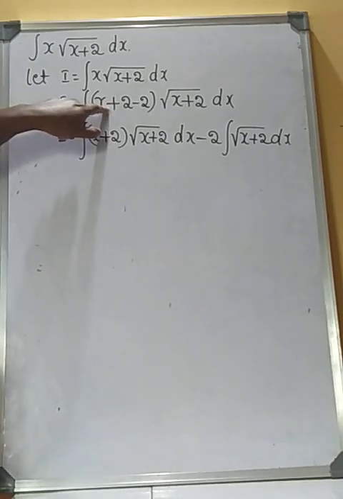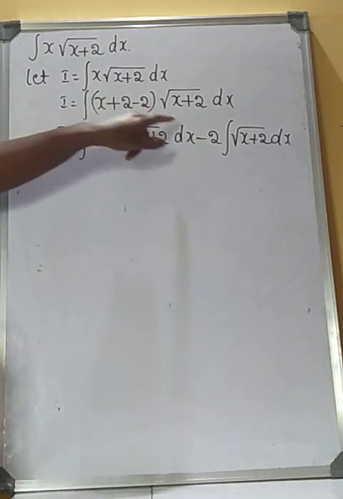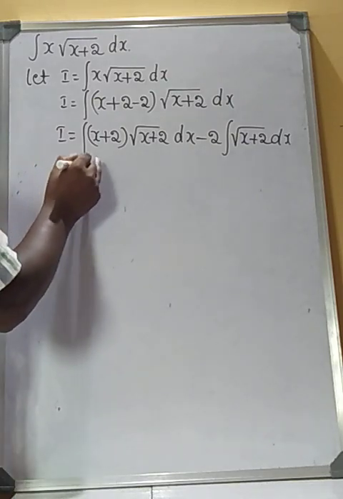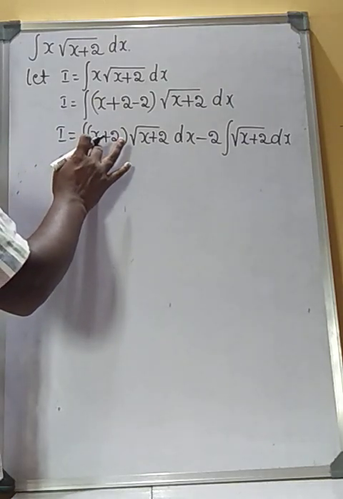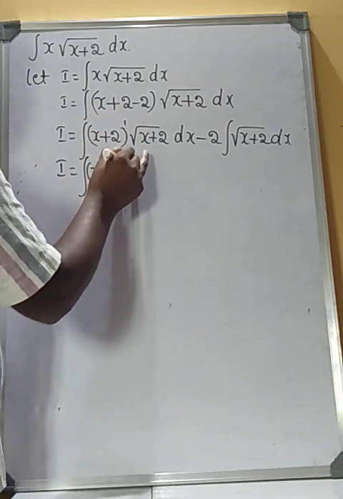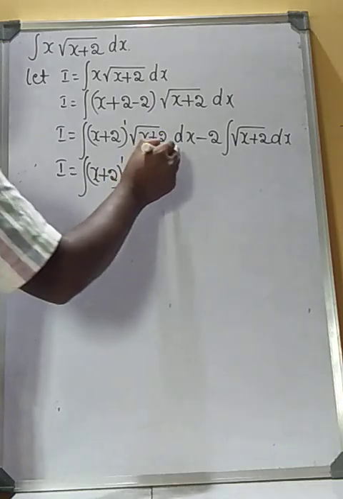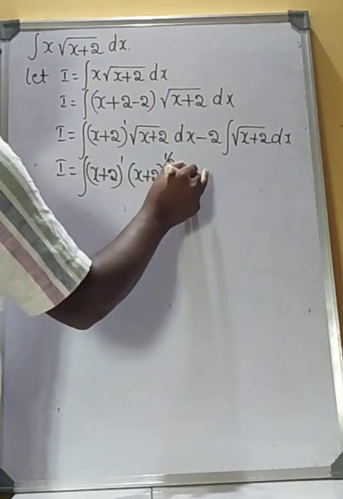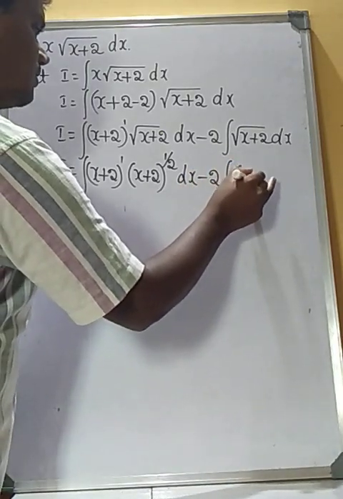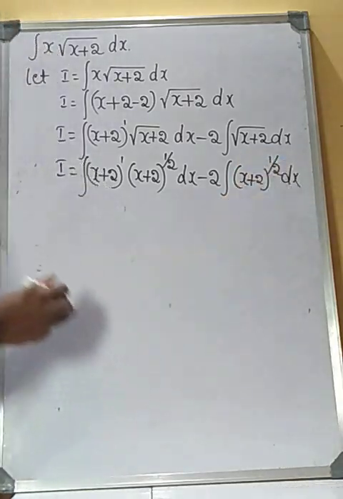So, I is equal to the integral of x plus 2 whole power 1 into root of x plus 2, and root of x plus 2 can be written as x plus 2 whole power 1 by 2, into dx, minus 2 into the integral of x plus 2 whole power 1 by 2 into dx.